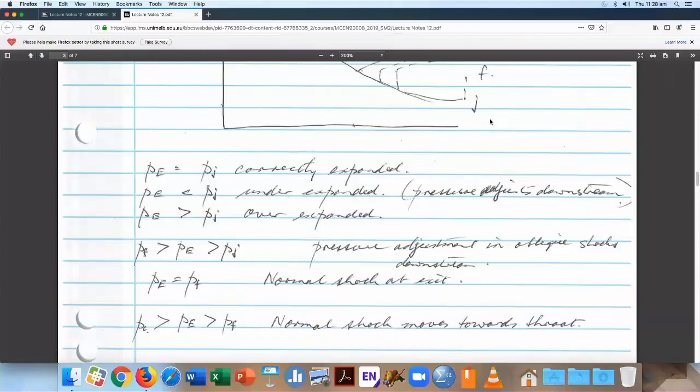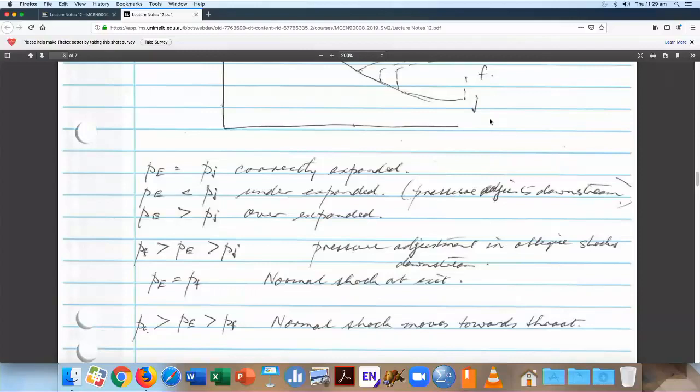So when the pressure in the supersonic nozzle at the exit J is exactly equal to the exit pressure, you can imagine that you could have in an inviscid fluid a slip line. No normal components of velocity, and therefore no gradients in pressure. And I don't need any shock waves or anything there.